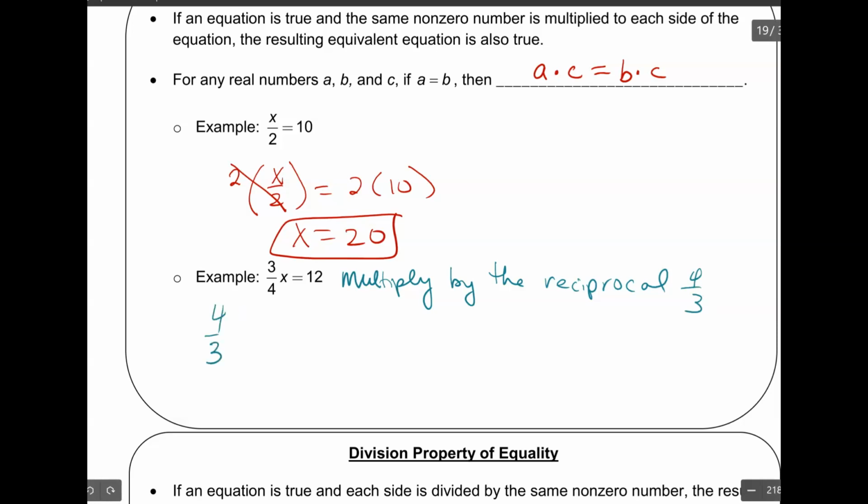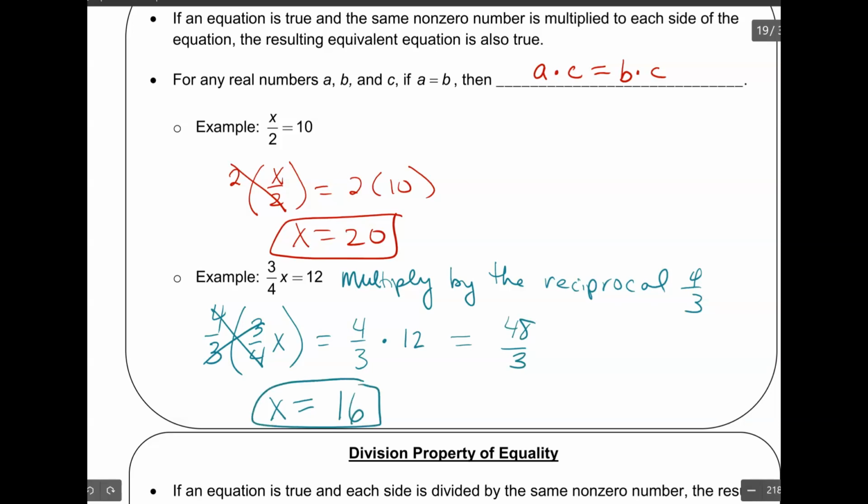So I take 3/4 x, multiply by 4/3, take 12, multiply by 4/3. The 4's cancel out, the 3's cancel out, and I'm left with 4 times 12 is 48, divided by 3, it's going to be 16. So you could multiply both sides by 4 and then divide by 3, but instead of doing 2 steps, you could multiply by the reciprocal.